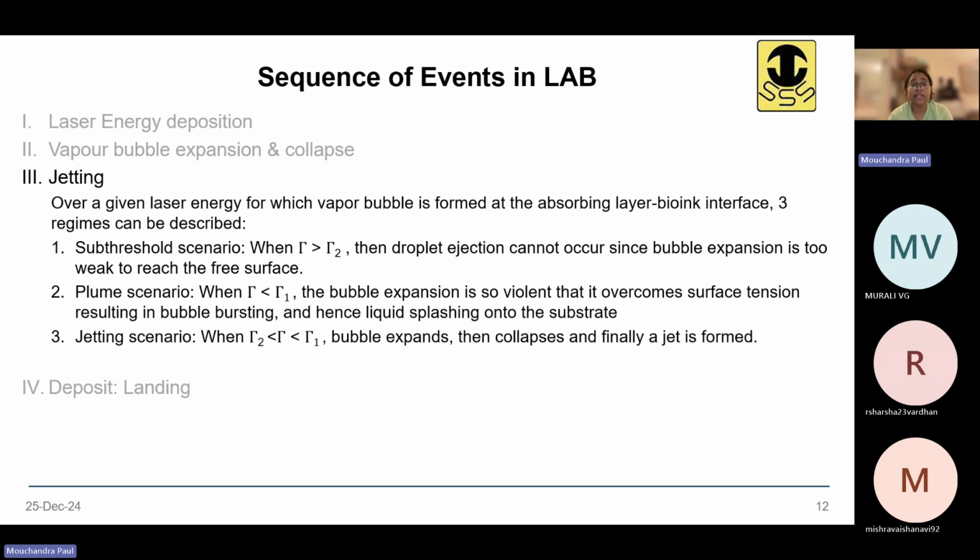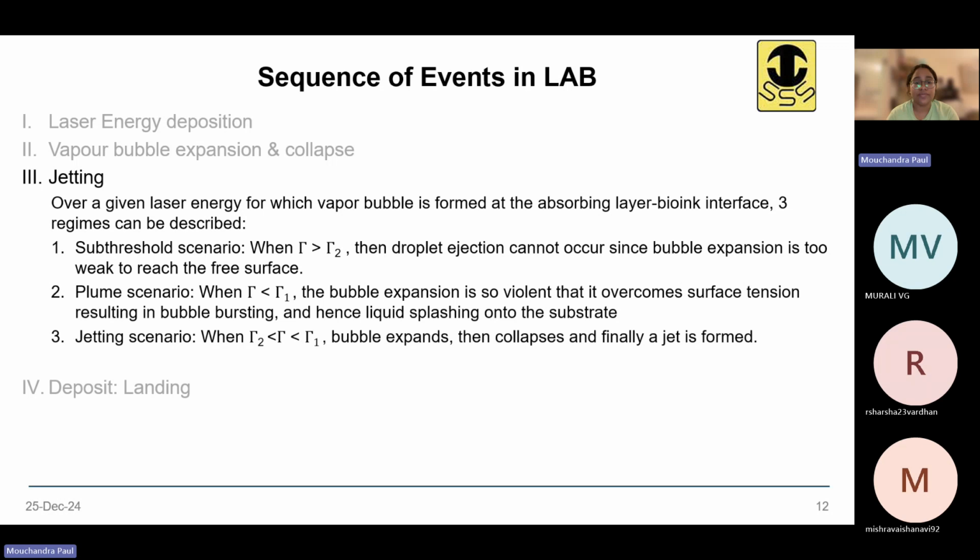For a given laser energy, of say some pulse rate, you have to fix some parameters in order to understand the phenomena. So here also they have fixed the laser energy. For that, you get a vapor bubble at the absorbing layer and bioink interface, and you can define the jetting phenomena into three scenarios.